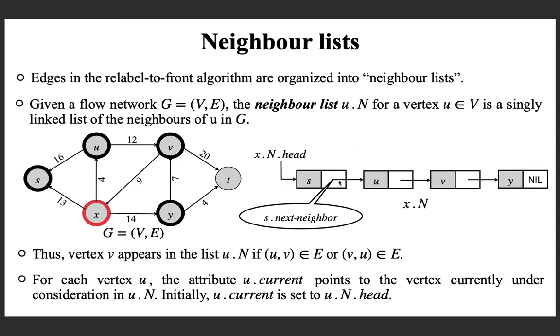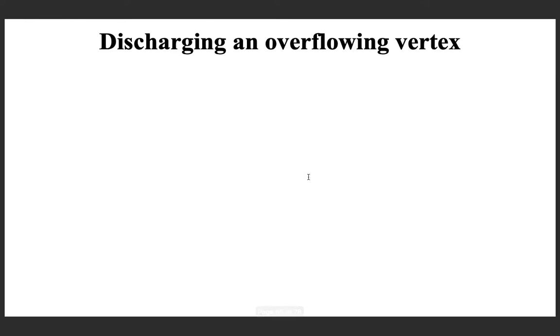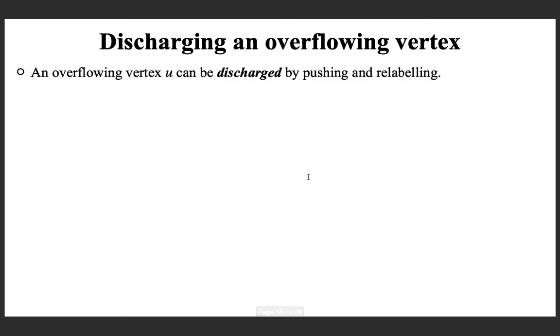To start with, current is initialized to the first node in the linked list representing the neighbors, the same node that head points to. I hope you are getting it. Now let us proceed. An overflowing vertex u can be discharged by pushing and relabeling.